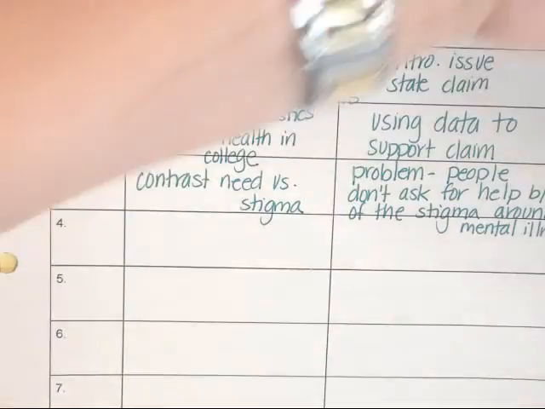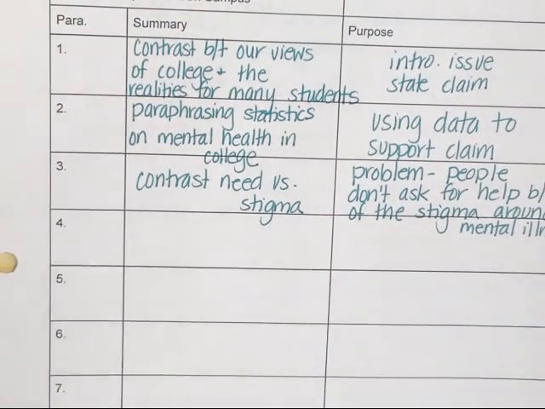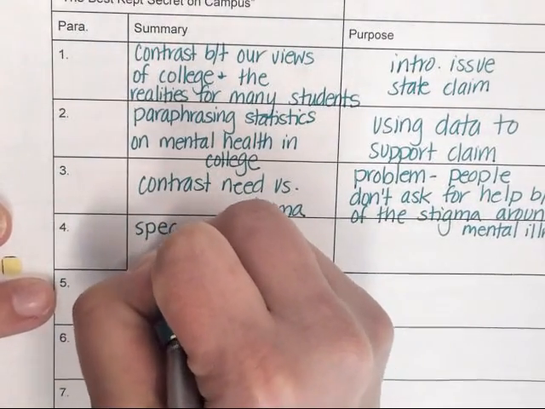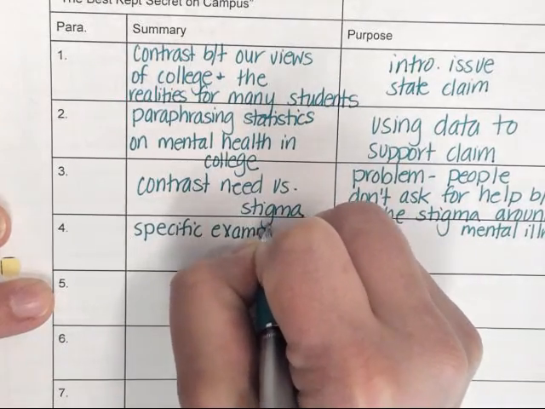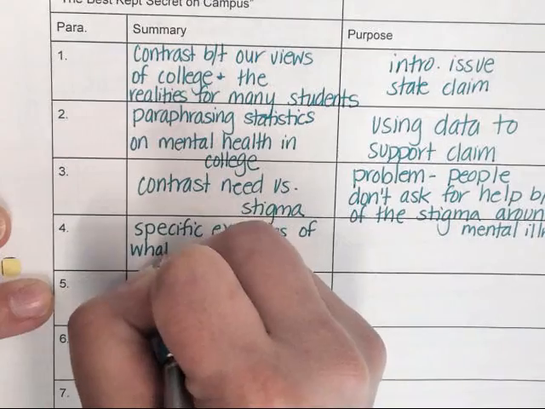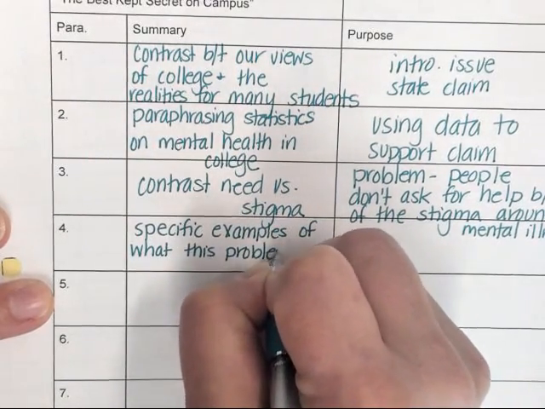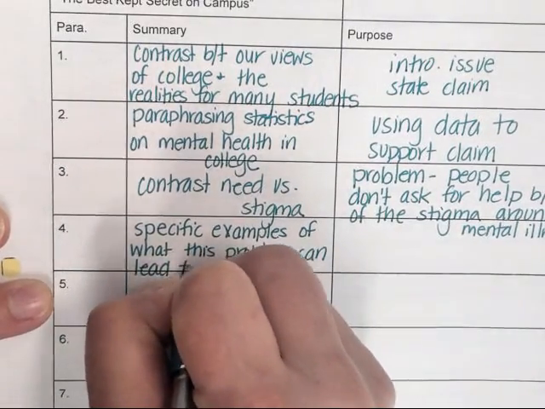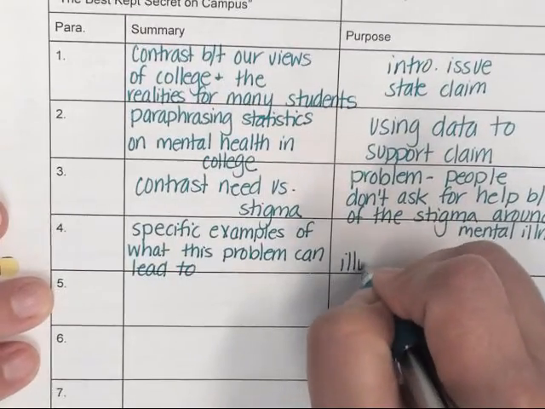All right, so if we're going to look back at our graphic organizer for paragraph 4, she is giving specific examples of what this can lead to. So this is an illustration of the dangers.